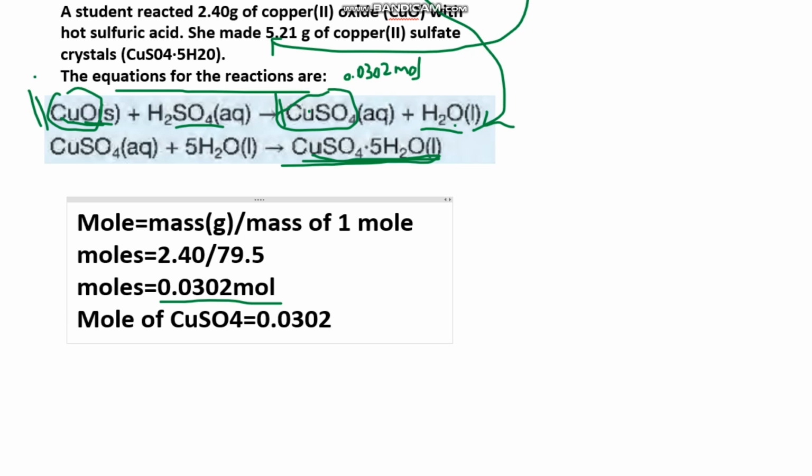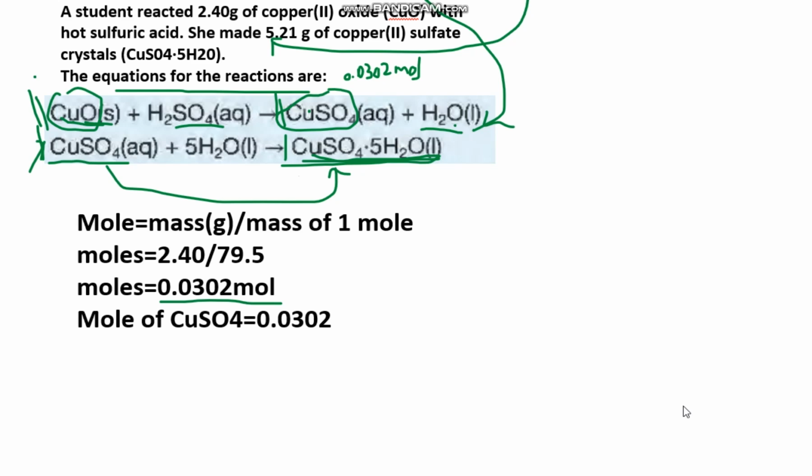Now we have found the moles of CuSO4. The second equation is the same, so by deduction, one lot and one lot, it will produce 0.0302 moles in both equations.